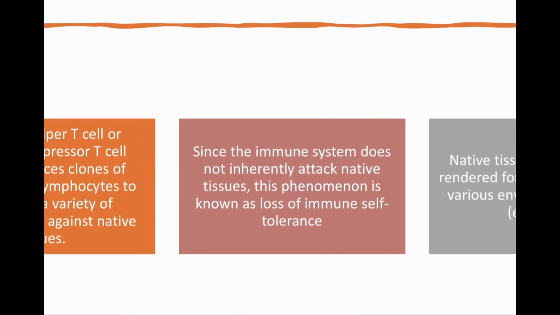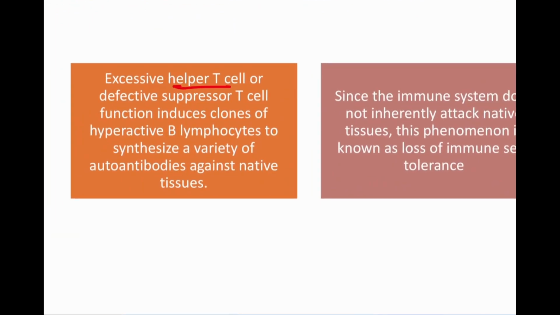So what happens? Excessive helper T cell or defective suppressor T cell induces clones of hyperactive B lymphocytes. What do B lymphocytes make? The antibodies. So now we have a defective process that's making defective antibodies.